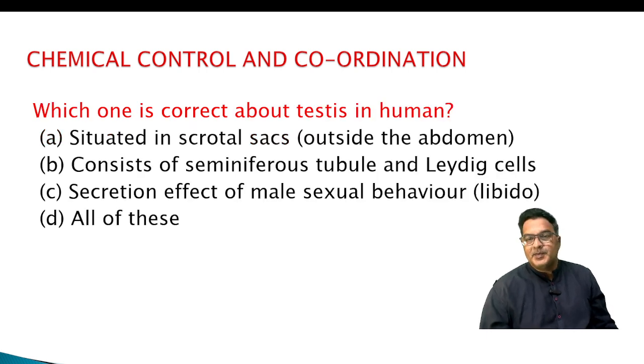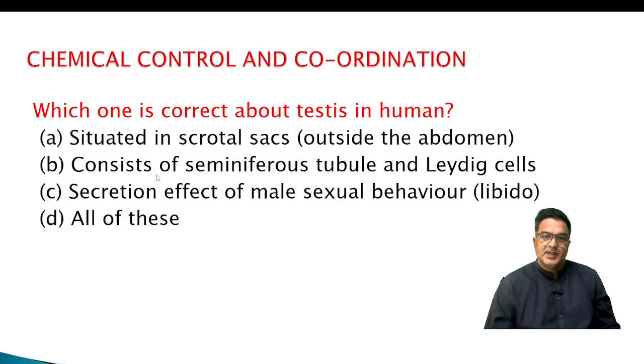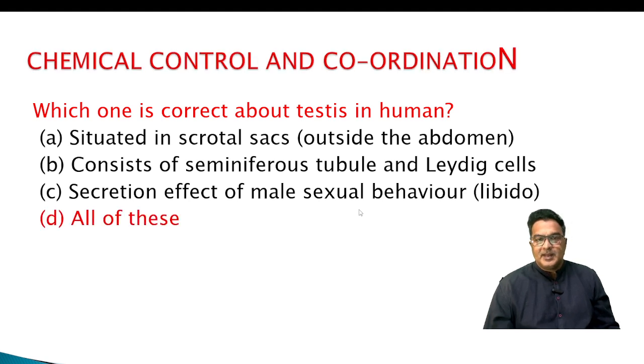Which one is correct about testis in human? Situated in scrotal sac outside the abdomen, consists of seminiferous tubules and Leydig cell, secretion affects male sexual behavior, libido. Yes, all of these.